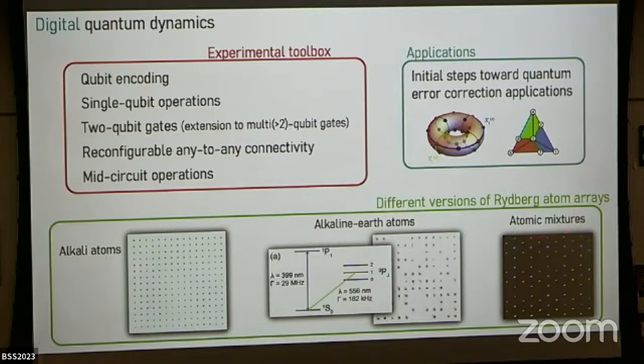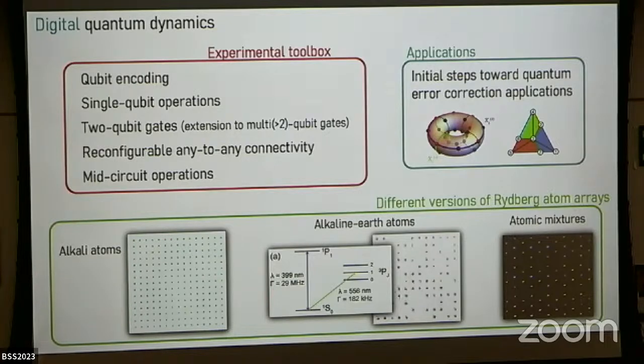I will start by introducing these tools using alkali atoms, which were explored first and are in a sense a little further ahead, even if that's not quite true anymore.